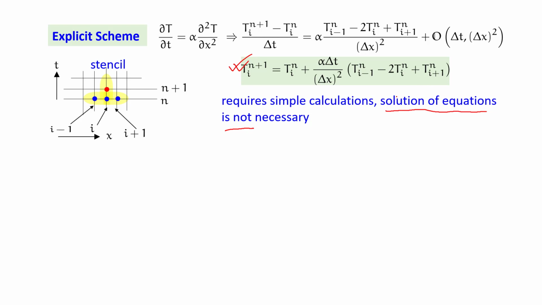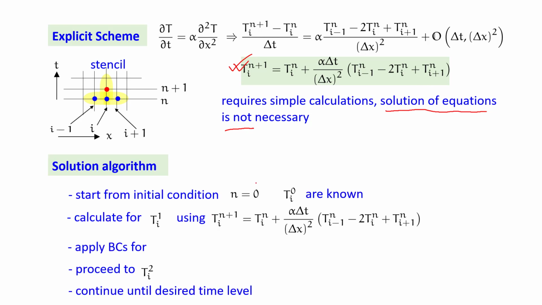So how does this algorithm flow? I start from the initial condition, that is T_i at time level 0, and certainly the initial condition must be known if we want to solve this equation. So T_i^0 is known, and then in this equation I can calculate T_i^1 now.